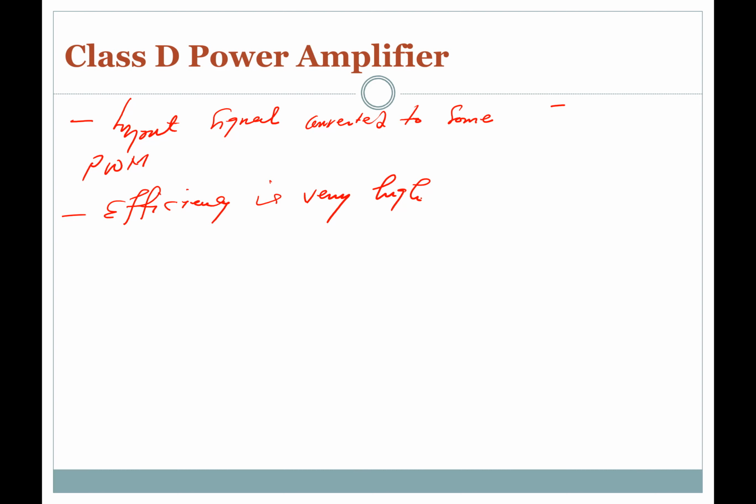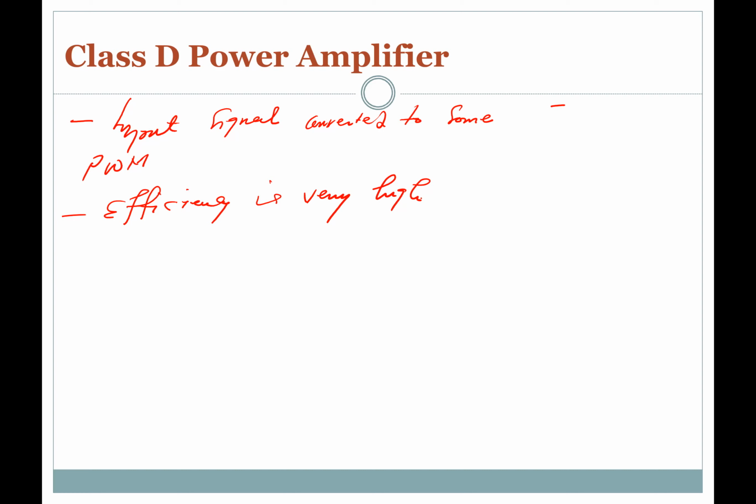Now because this is a digital form, efficiency is very high compared to what you would find in an analog amplifier. After this amplification is done, the pulse width modulated signal is finally converted back to an analog form using a digital to analog converter and given to the output.